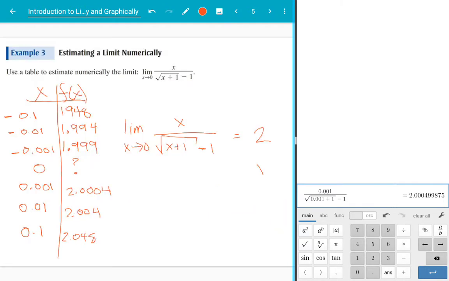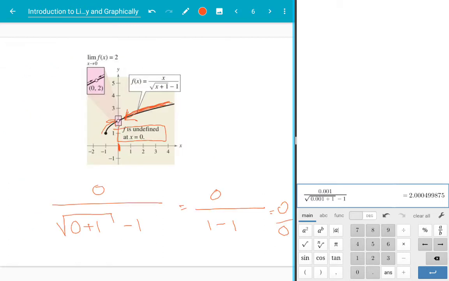There is a limit to the function. However, this function does not exist at that value. But that does not have any bearing on identifying limits, right? And that's going to be very important later on once we start getting into some more difficult limits. So the idea that the function needs to exist at that value has no bearing.